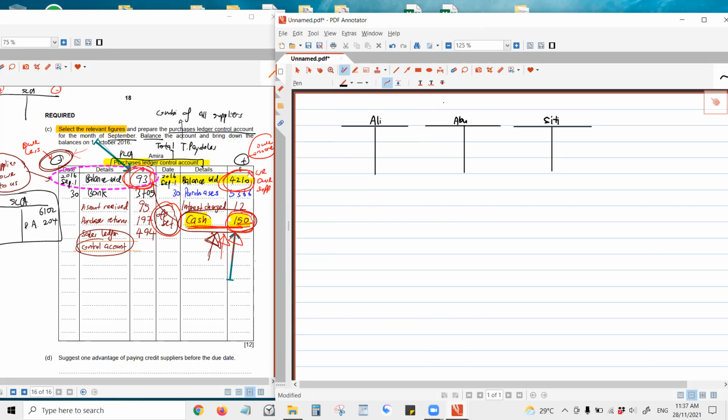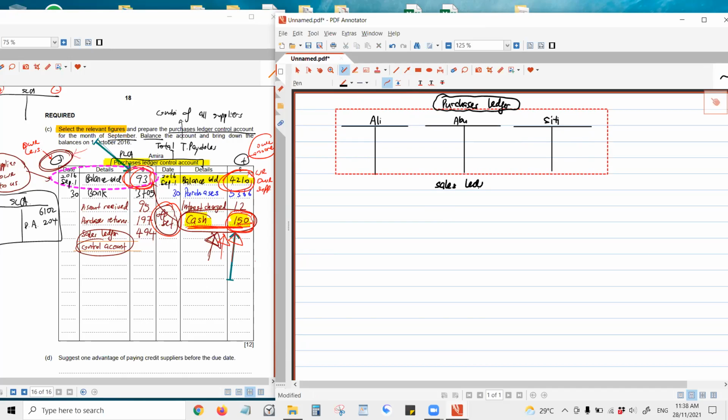Okay, all the suppliers account appear in which section of the book? Ledger book, right? Purchases ledger. Okay, all the suppliers account appear in purchases ledger section, right? Let me try to create the scenario.